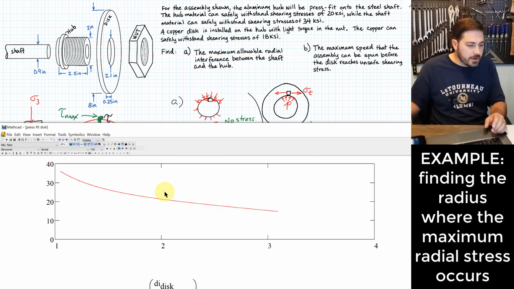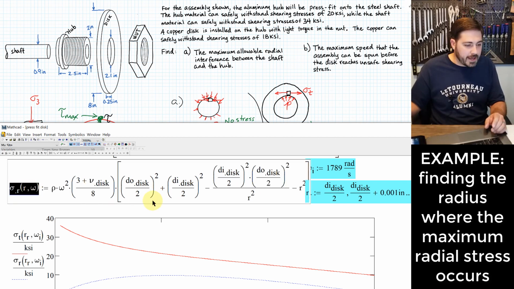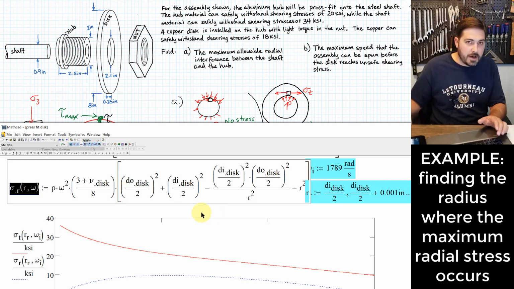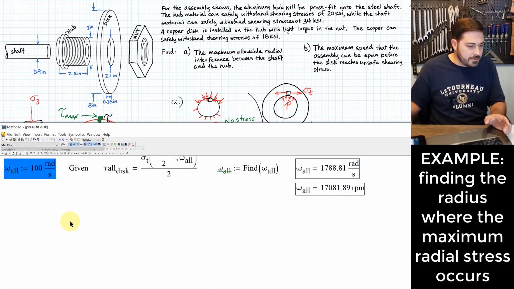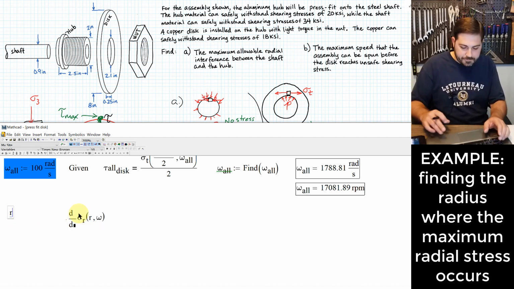We know this is a function we've defined for that curve. So one of the things we can do is a combination of a solve block on a derivative. We're taking the derivative of this function to find a particular r.